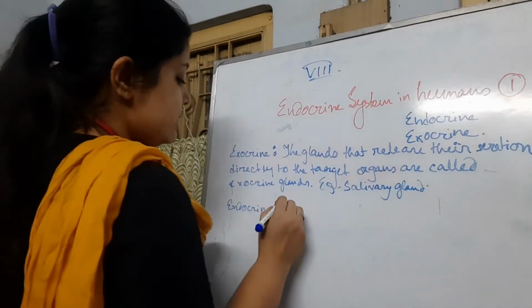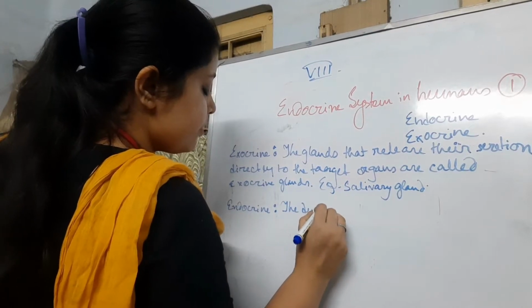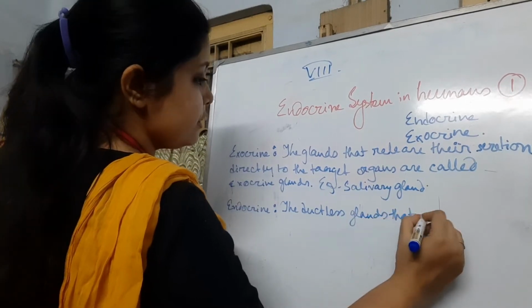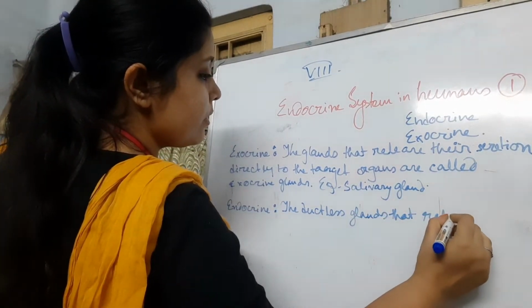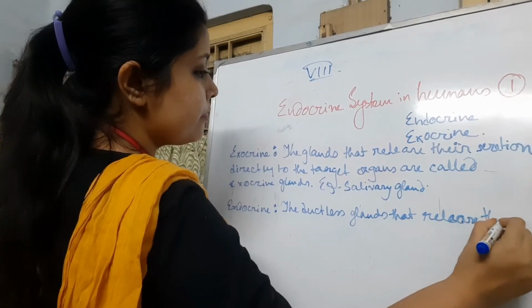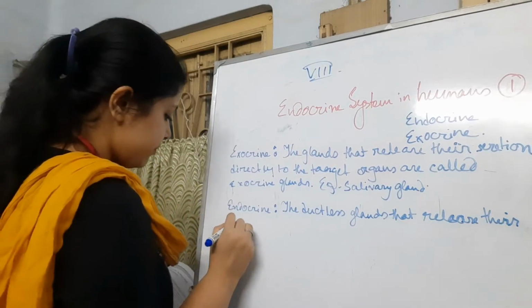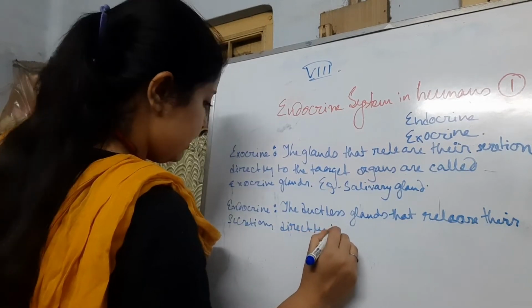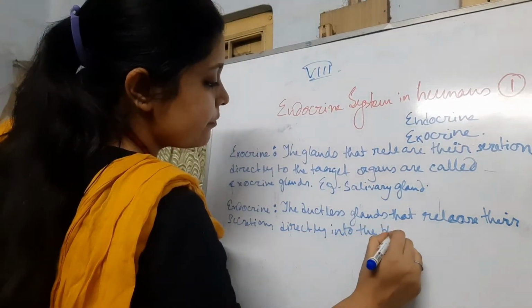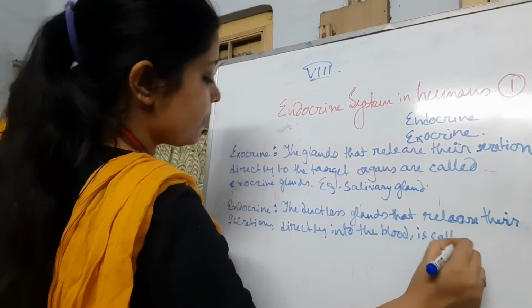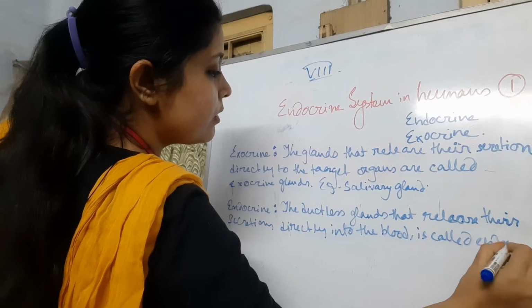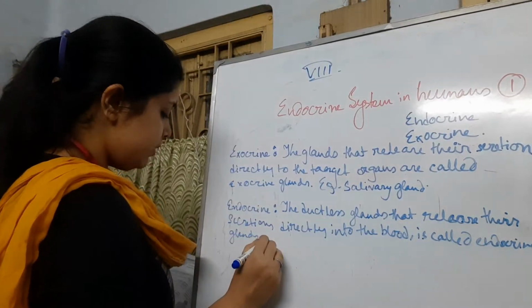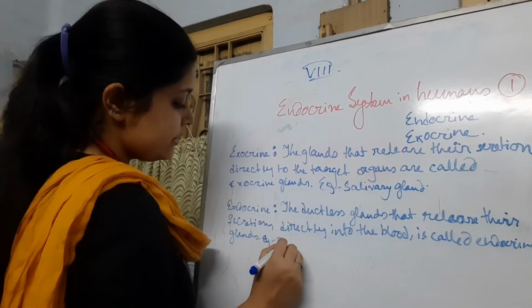The ductless glands that release their secretion directly into the blood are called endocrine glands. For example, you can say pituitary.